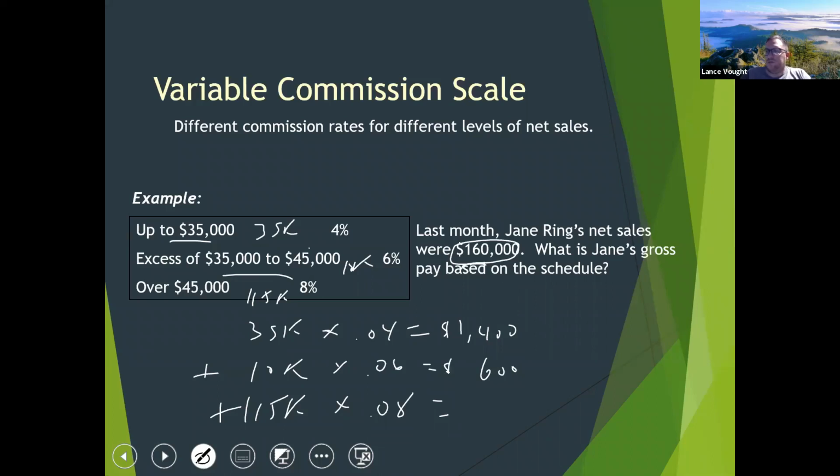And then 115,000 times 0.08 is going to give you $9,200. So that means Jane's gross pay is going to be 9,800 plus 1,400, which is $11,200.